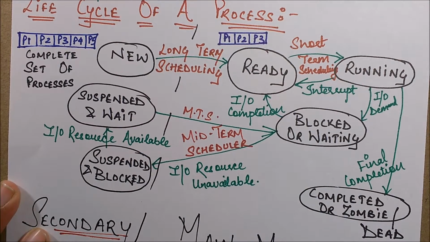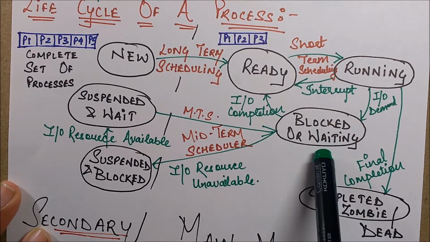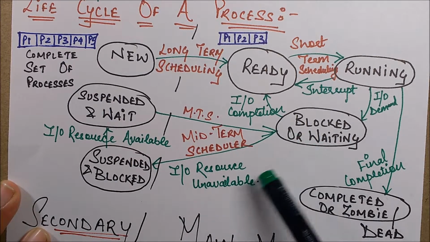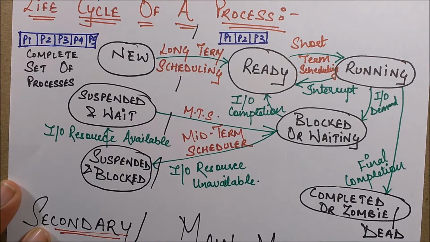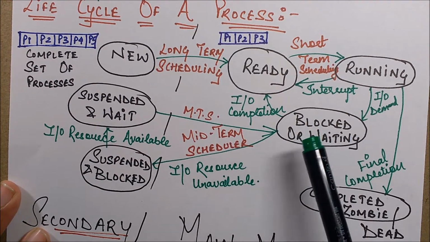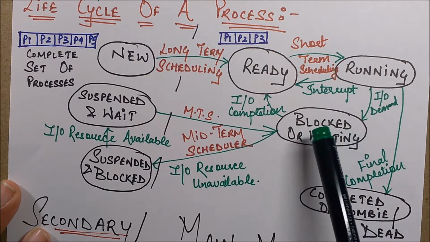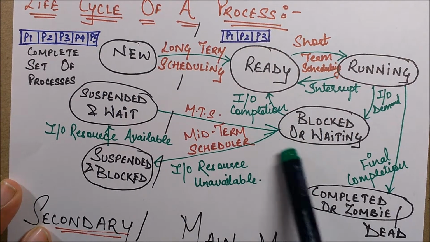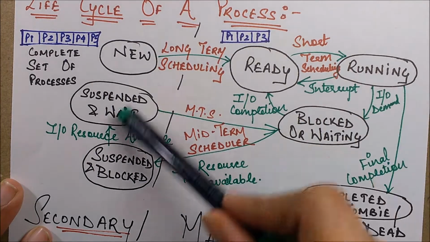Now, will it always happen that whatever input output resource this process requires is available for it? No, not necessarily. If the input output resource is unavailable or is occupied by some other process, this process will just keep on waiting. There's no benefit in making it wait here and occupy the main memory.